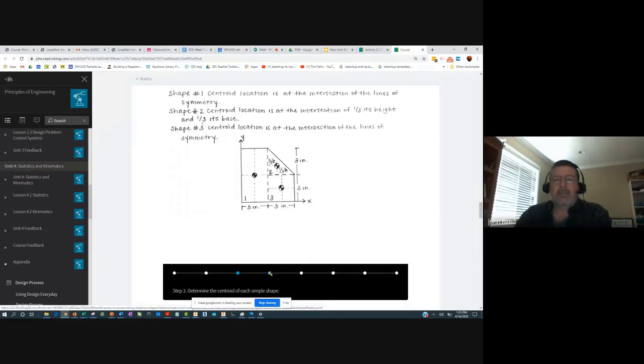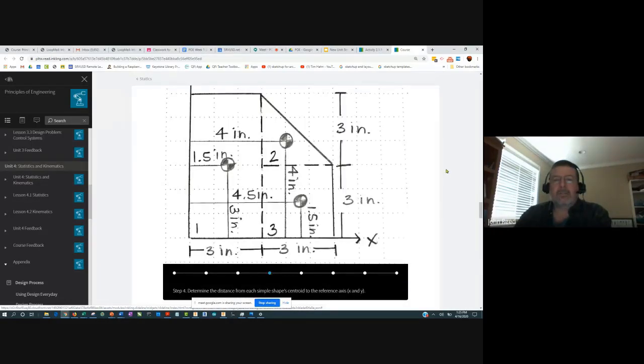And now that we have that information, this is a really important point, we need to translate those values with respect to some vertex or some coordinate system. The origin is down here in the lower left, and you can see they're getting all those x and y coordinates for the centroid with respect to that point.